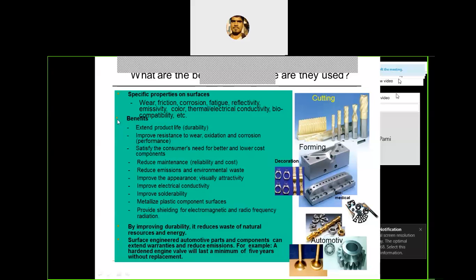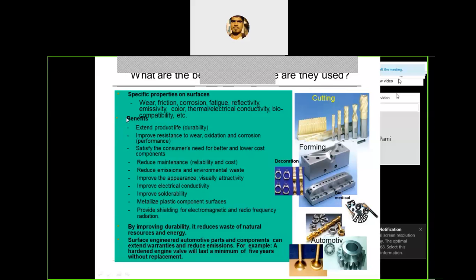We can use the surface treatment directly, and it will affect the component life. How will it improve or extend the component life? That is by reducing the friction. If friction reduces, indirectly wear reduces. If wear reduces, then yes, life increases. That is the first advantage.